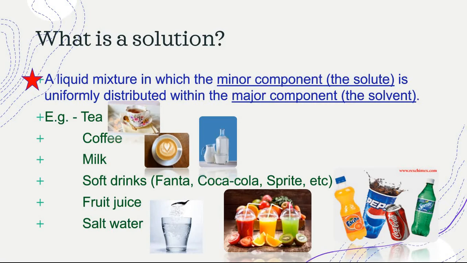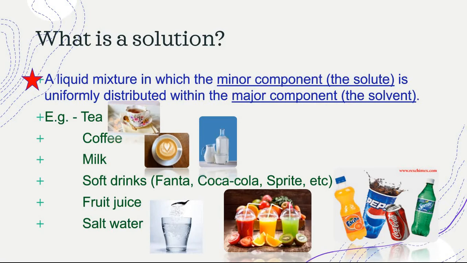So when both were added, the solute, which was sugar and tea leaves, dissolved in the water and was distributed throughout the water evenly. So it made a mixture. And as you know, tea, especially hot tea, is liquid. That is a best example of a solution, an example we normally drink every day.